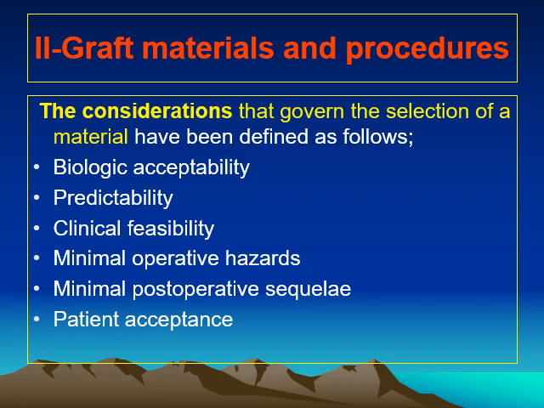The flap technique best suited for grafting purposes is the papilla preservation flap because it provides complete coverage of the interdental area after suturing. The use of antibiotics after the procedures is generally recommended.